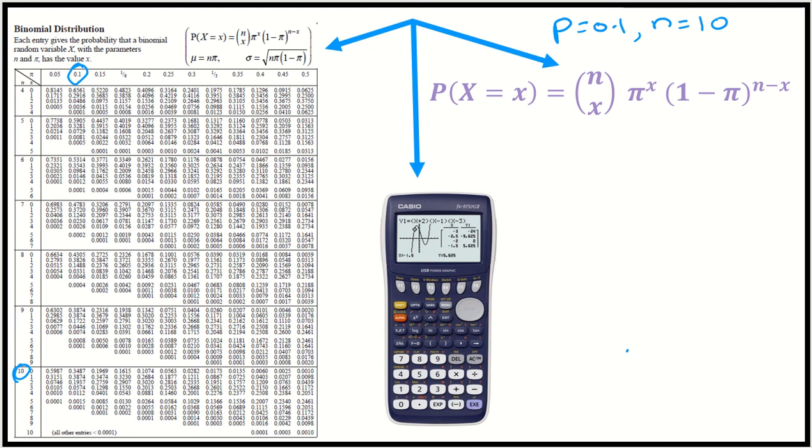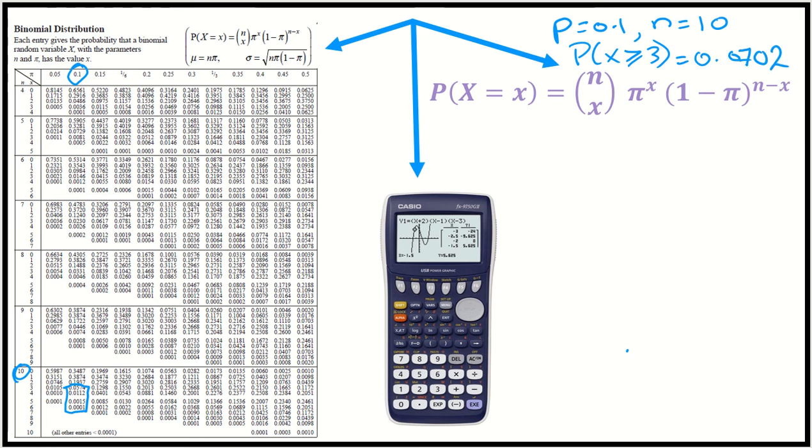I want the probability that x is greater than or equal to 3. That means I would need to add up all these values there, or I could do 1 minus the values above it. And that will give us our answer, which when I add that up becomes 0.0702.